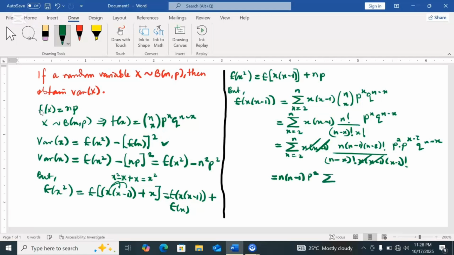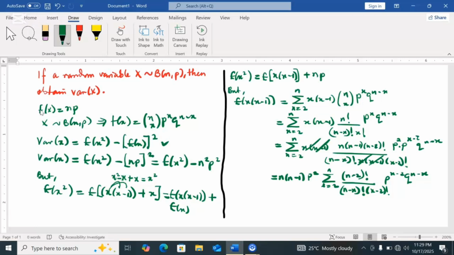This will leave me with summation from x equals 2 to n of n minus 2 factorial all over n minus x factorial times x minus 2 factorial, times p raised to power x minus 2, q raised to power n minus x.